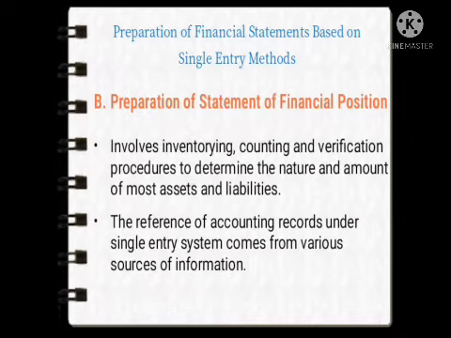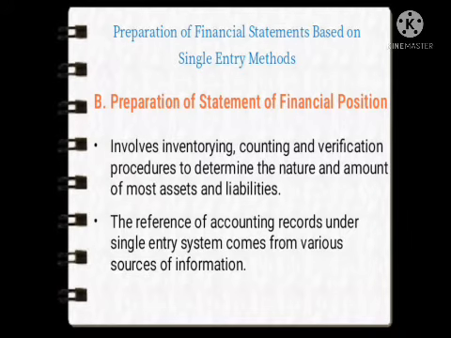Next, after the income statement, is the preparation of the financial position, which involves inventorying, counting, and verification procedures to determine the nature and amount of assets and liabilities. The accounting records under the single entry system come from various sources of information.